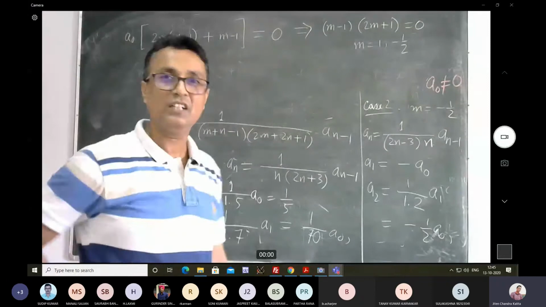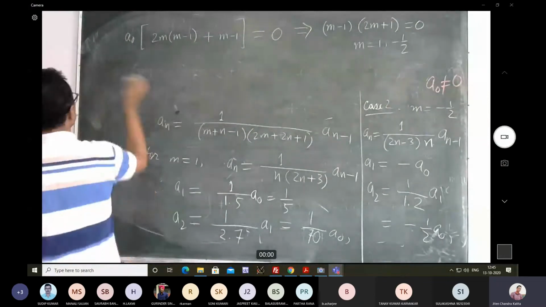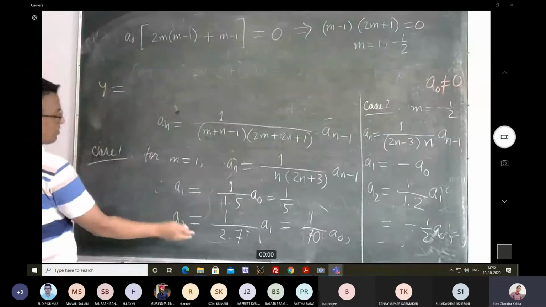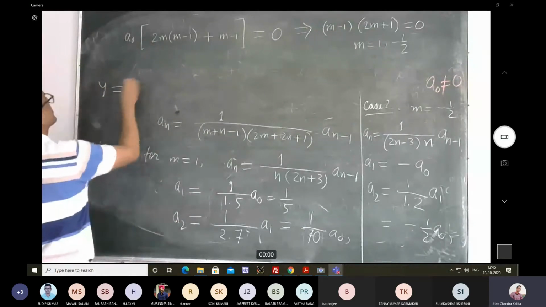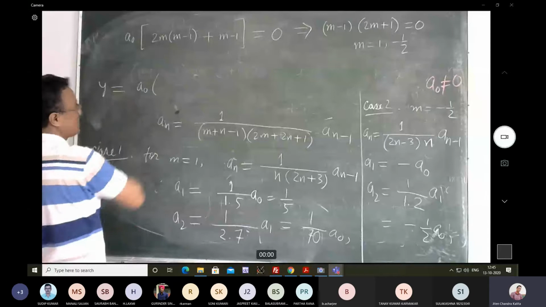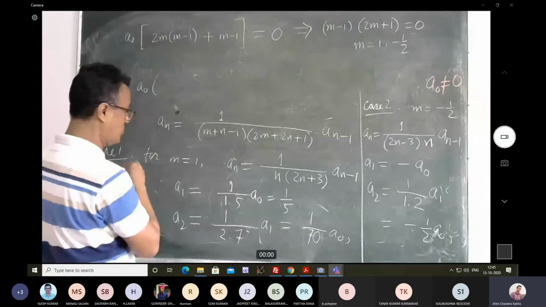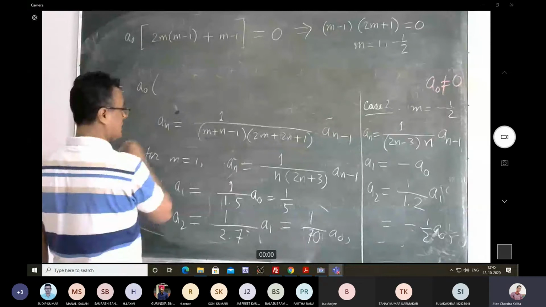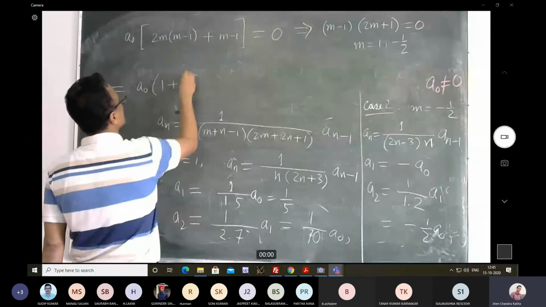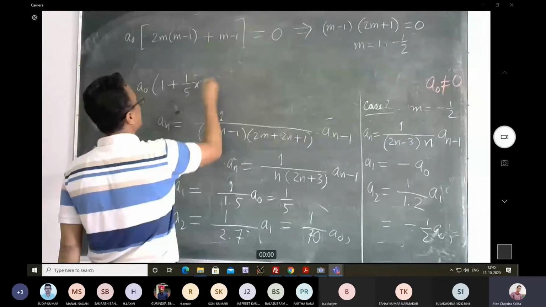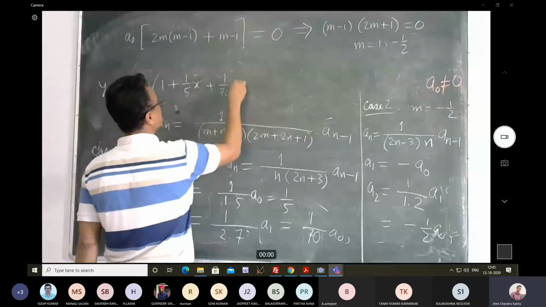Why a naught equal to 1? Because in both the cases, you are going to get something like, let me tell you what you are going to get. 1 plus 1 by 5x plus 1 by 70x squared.